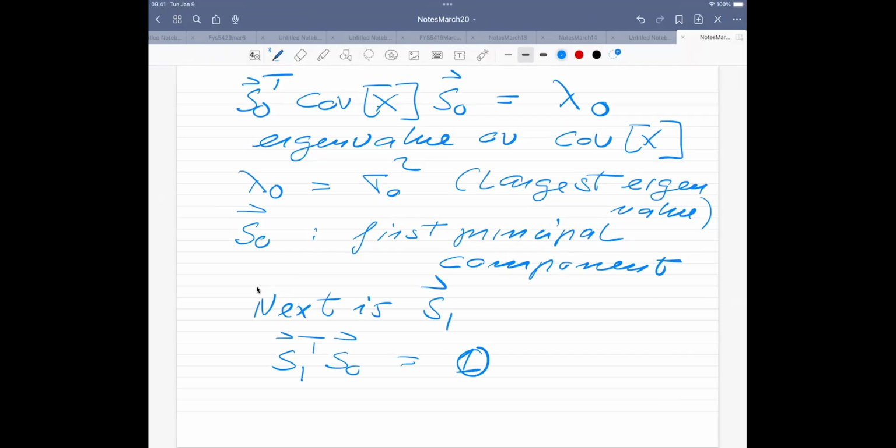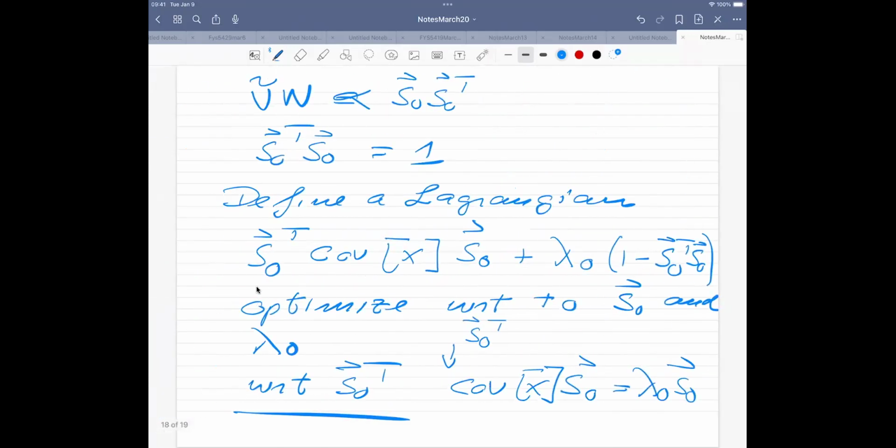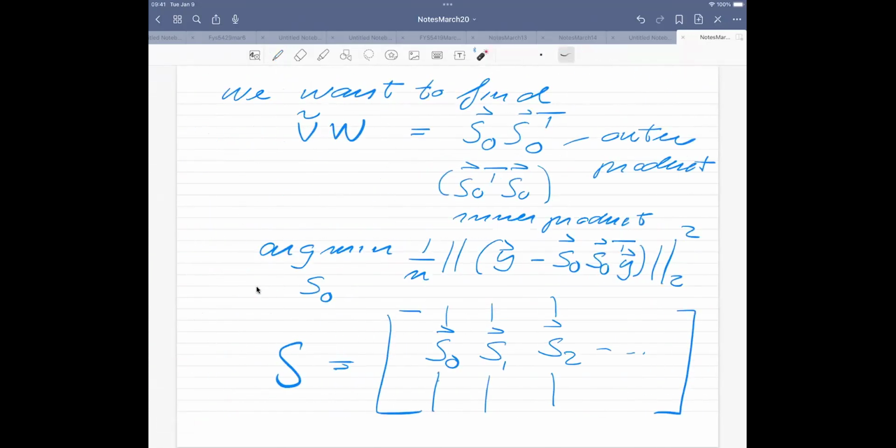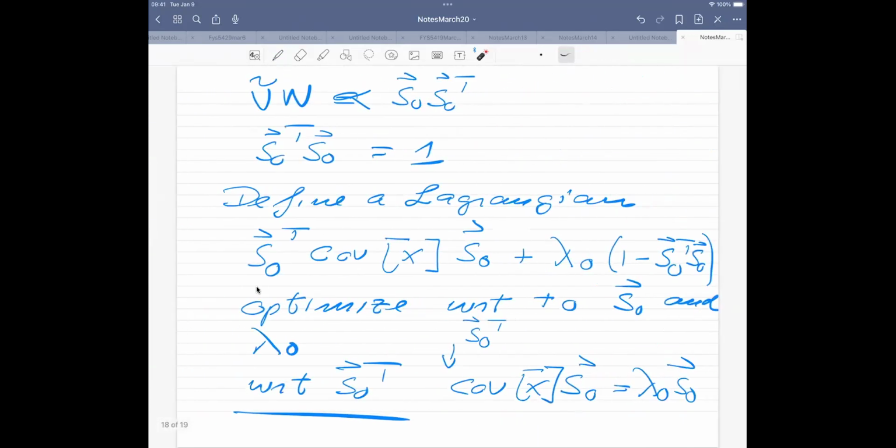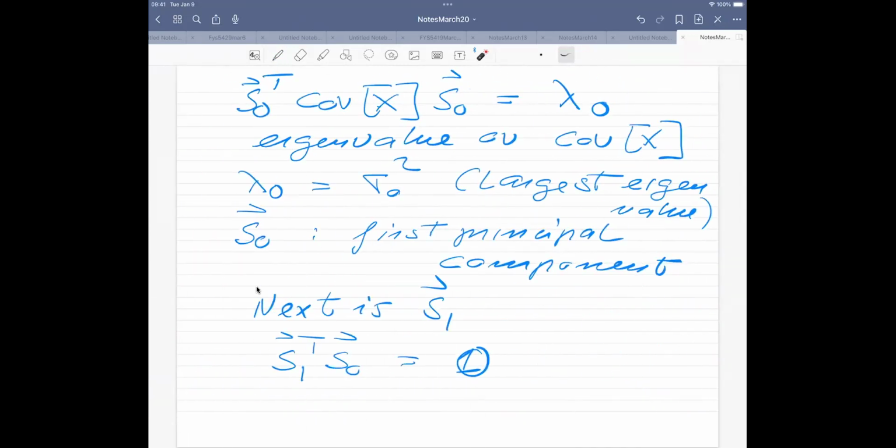And then you will see that this new Lagrangian is going to form the basis for a recipe of finding all these vectors, which we put up here, in a so-called induction-based approach. So let's see now how we can find this S1.